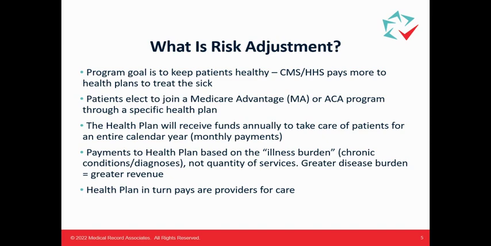It's not quantity of service, it's overall the patient's profile, how sick they are. So if there's a greater disease burden, it will equal greater revenue. So if they have a lot of things going on, they'll get more revenue. But in theory, it's because it costs more to take care of those patients with a lot of issues, right? So that's the theory on that. Health plans, in turn, pay providers for the care they provide to the patients.